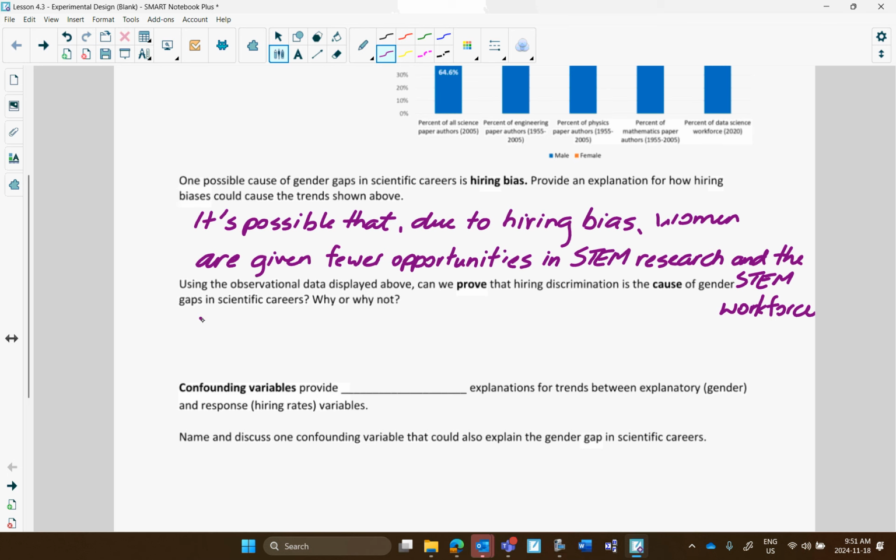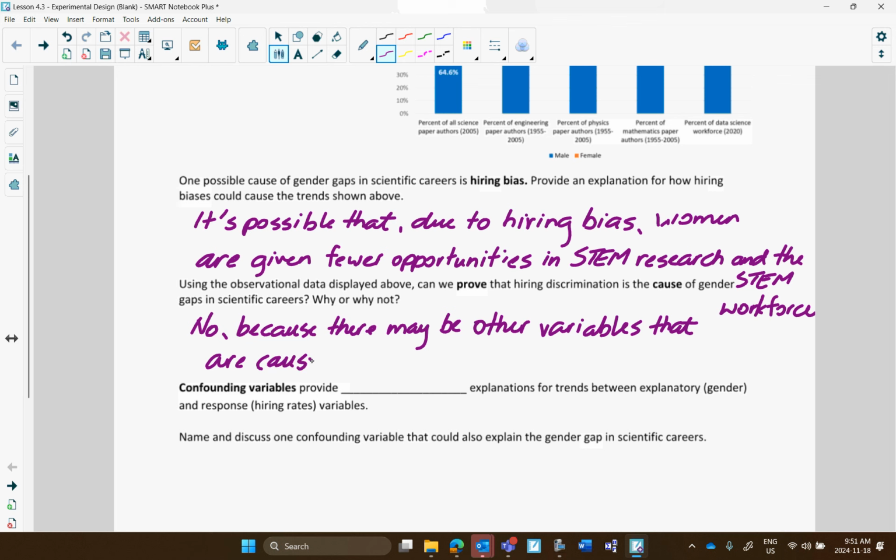So, no, because there may be other variables that are causing the gender gap in STEM fields.